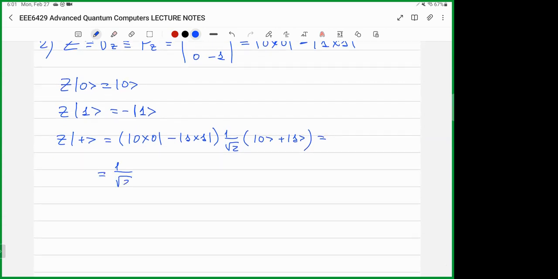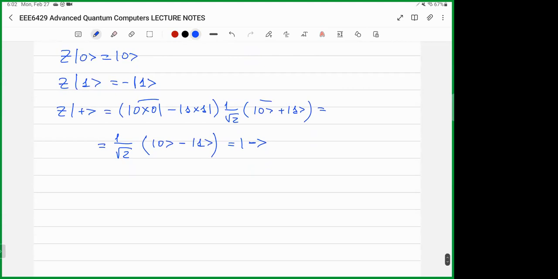I'll get 1 over square root of 2, and then the product of this one and state 0, and then minus state 1, which is nothing but the state minus.